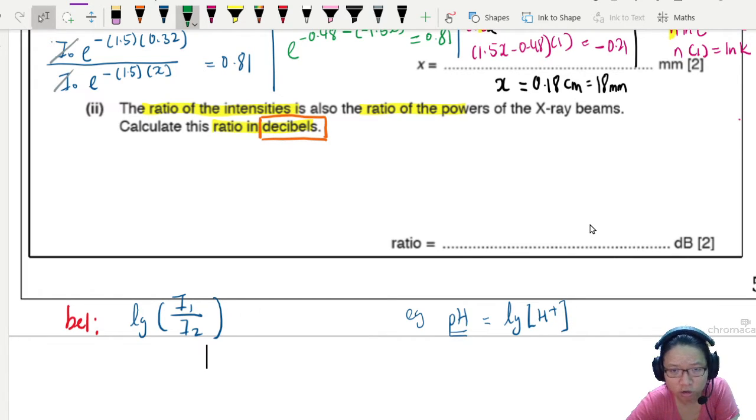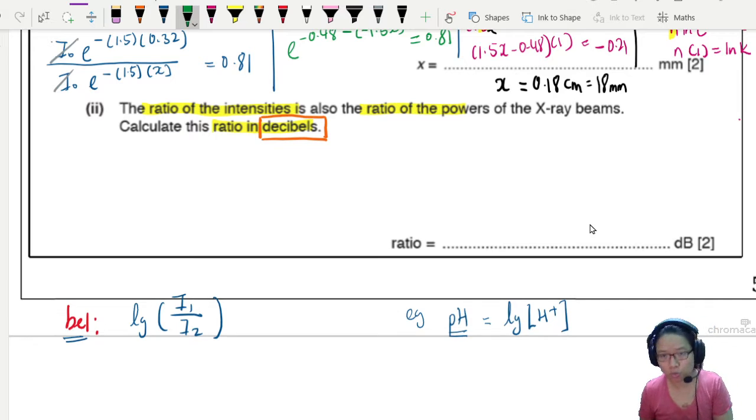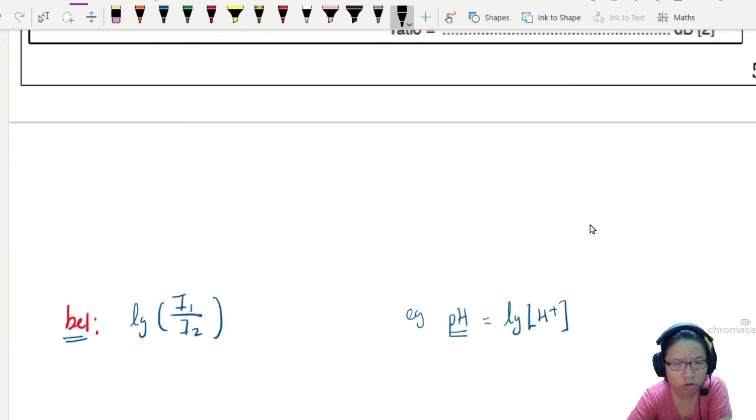This is the definition of pH. Okay, so right now we have to understand the definition of Bell. So in sciences, sometimes we log base a certain ratio or log base a certain number. For what purpose, you may ask? Why do we need to log here, log there, chop so many trees to log?